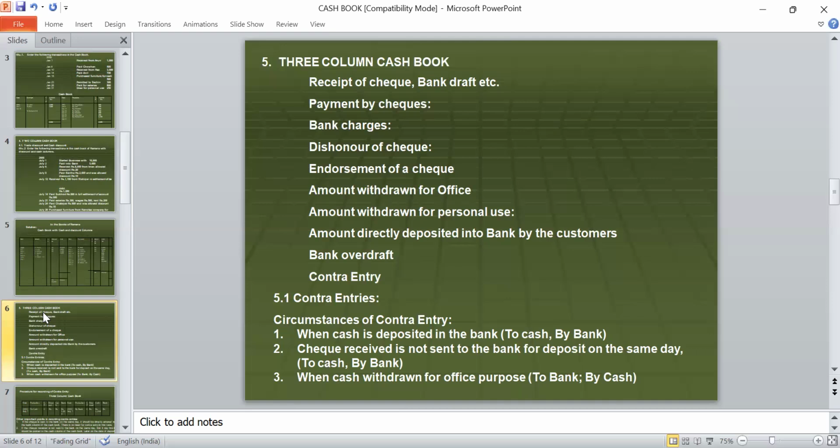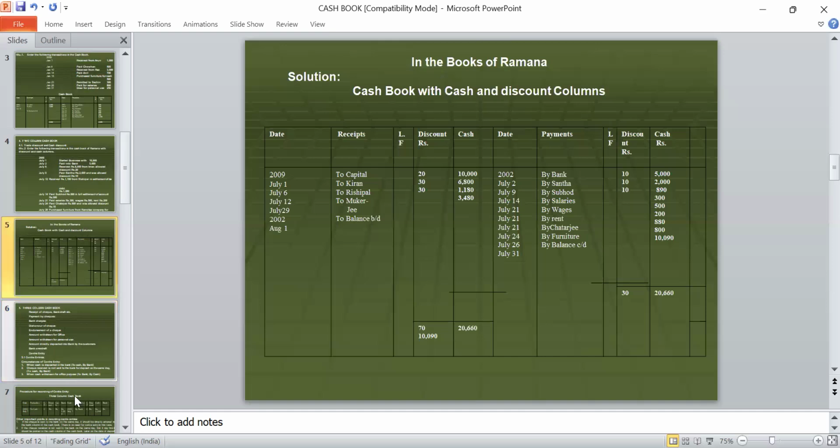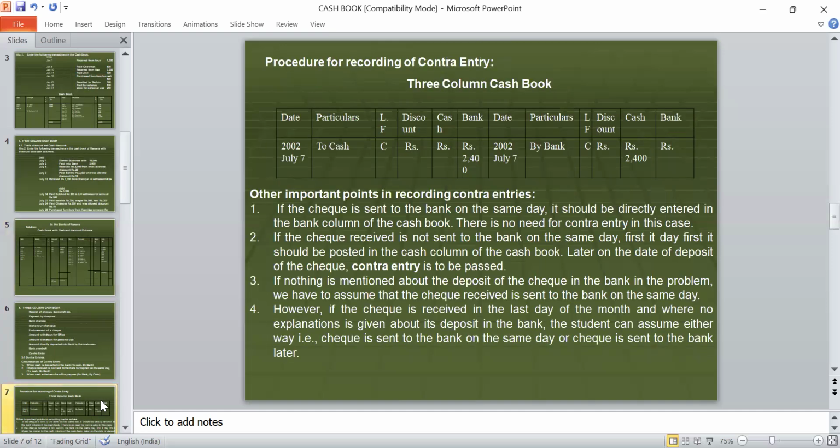This is the pro forma for triple column cash book. Three columns, most important, please observe. Date, particulars, ledger folio, common for all cash books, like single column, double column, and triple column.